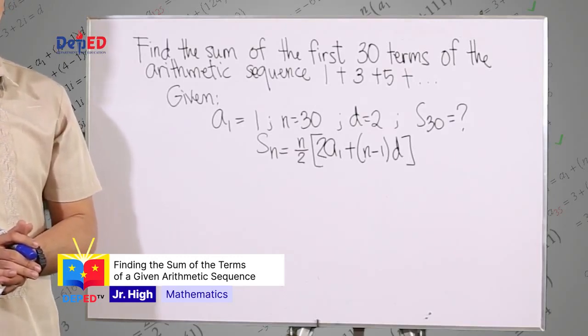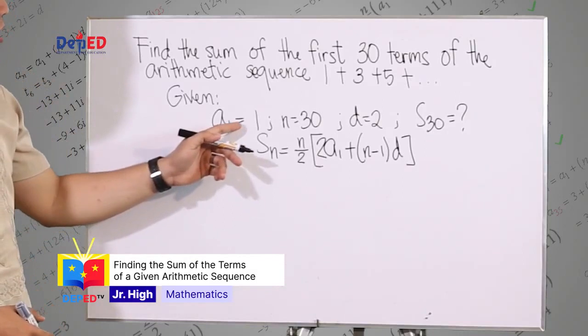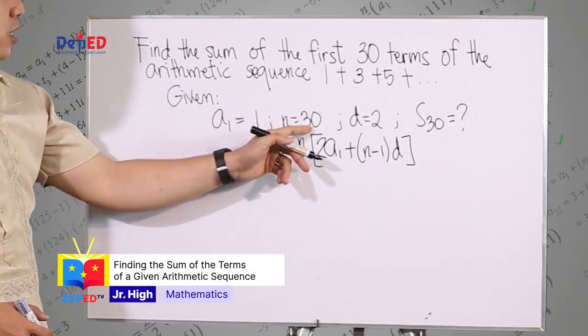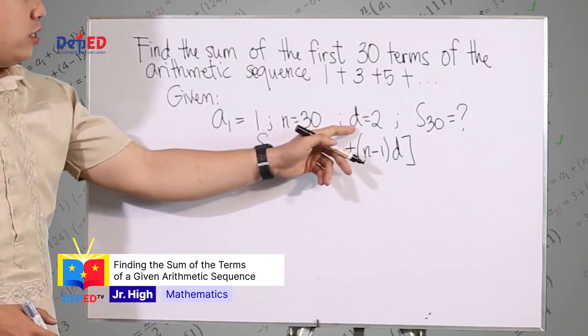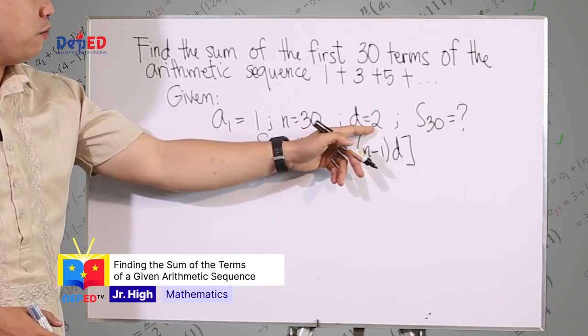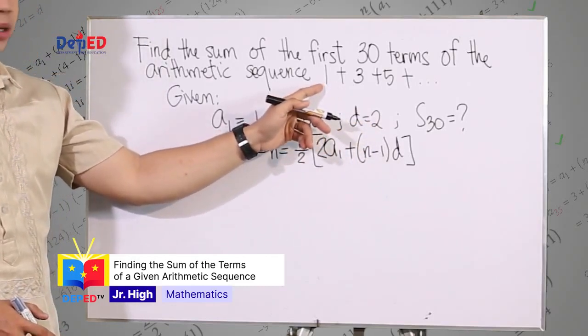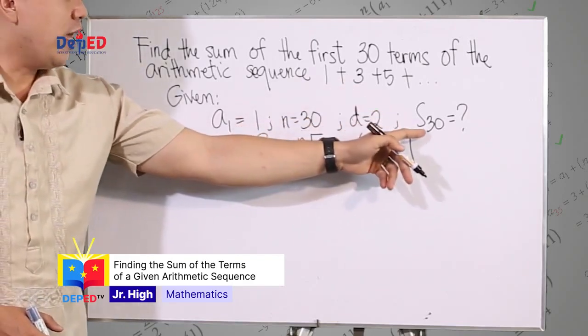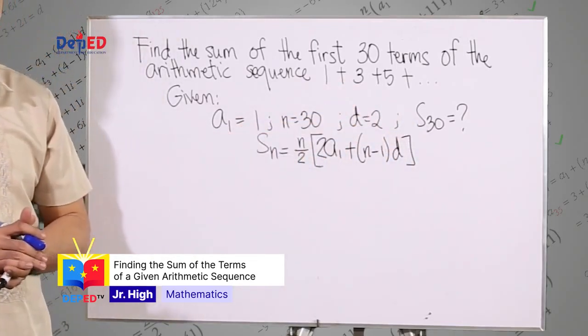Notice that in this problem, our given a sub 1 is equal to 1, our n is 30, our difference is 2, as you can see, by adding the difference to the preceding term to get the next term. And we are looking for S sub 30.